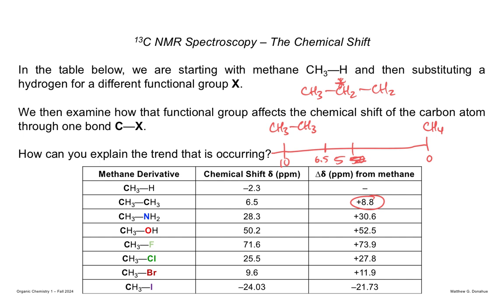And why do you think that is? Electronegativity. That would be my response for pretty much anything. Remember that electronegativity increases towards fluorine. So as you substitute H for a heteroatom, you're pushing that chemical shift further away from 0.